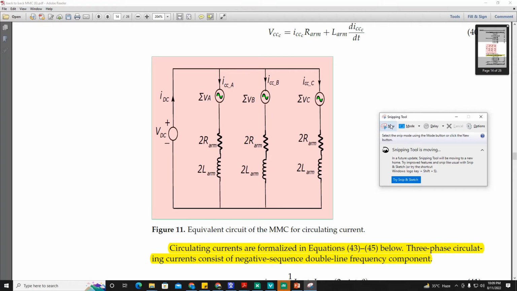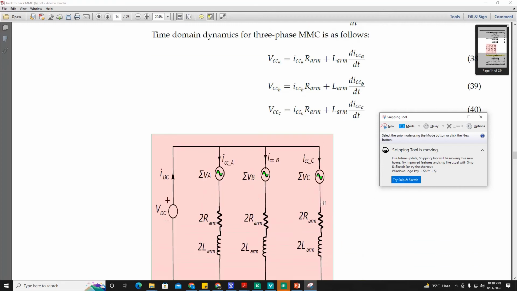So if this imbalance voltage or differential voltage is reduced, then as a result the circulating current will be suppressed. Therefore, the output reference quantity of this circulating current controller is the differential component of the voltage. By controlling that differential component, which is VCC A, B, C, these three components for three legs, you can control the circulating current.